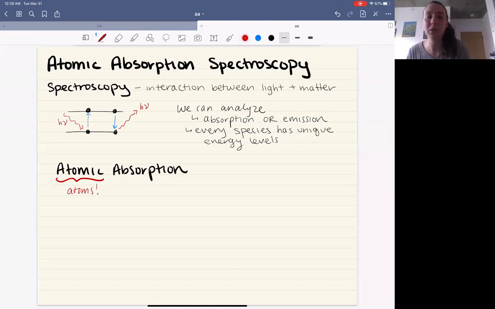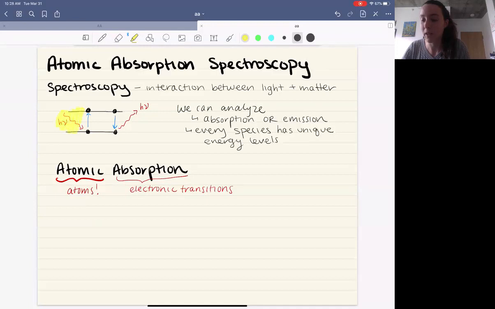Okay, so molecules we cannot analyze with atomic absorption spec, only atoms. And we're looking at absorption. Specifically, we're looking at electronic transitions. Okay, so every atom, kind of like in our simplified drawing, has its own individual wavelength that it can absorb for its different energy level transitions.